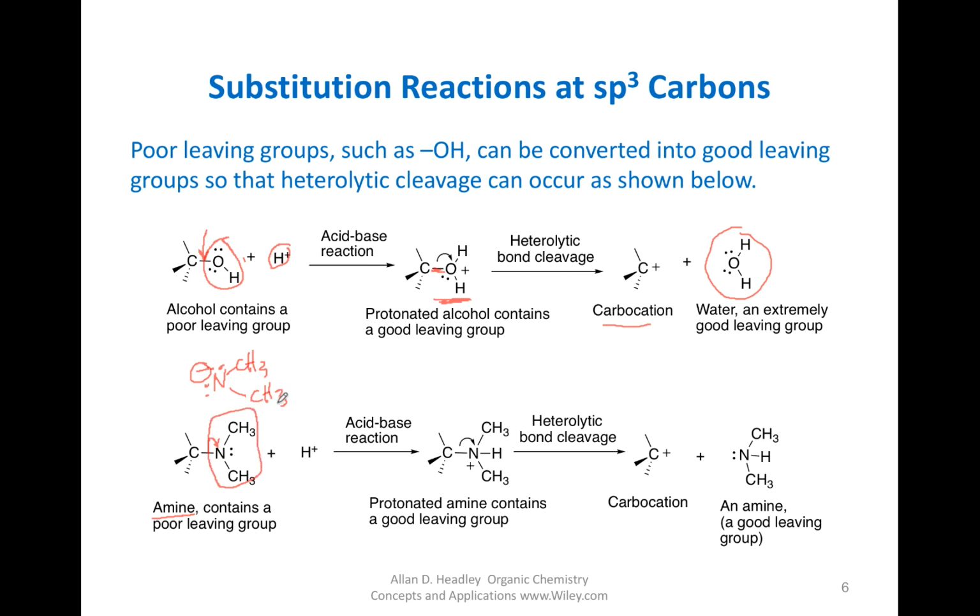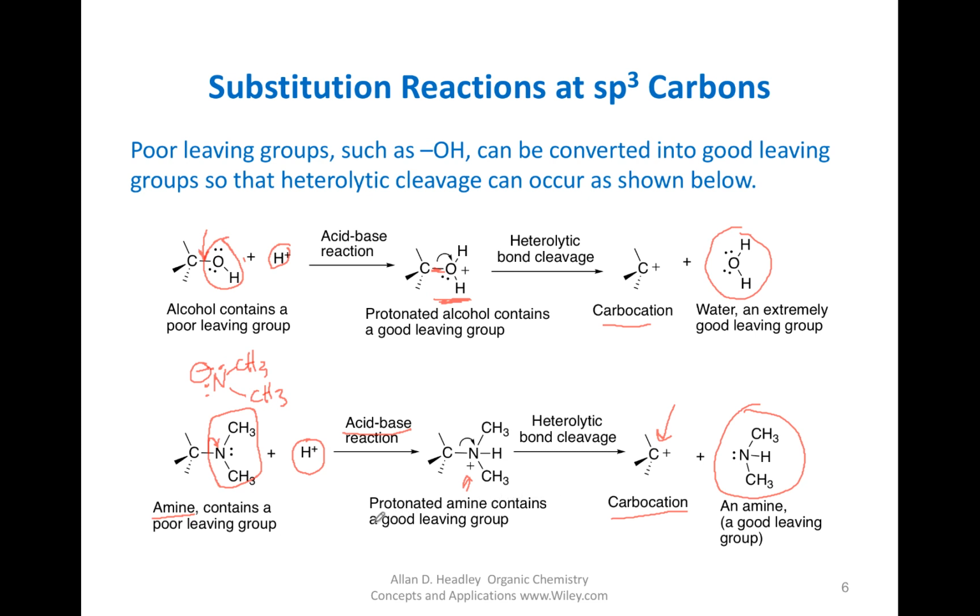If you have a group that's not a good leaving group, the reactivity is reduced. But we can convert it to a good leaving group using an acid-base reaction as shown here. So now the leaving group becomes an amine, and of course an amine is a pretty stable conjugate base, leaving behind a carbocation which can react further.